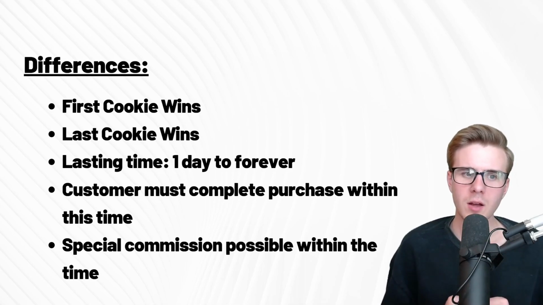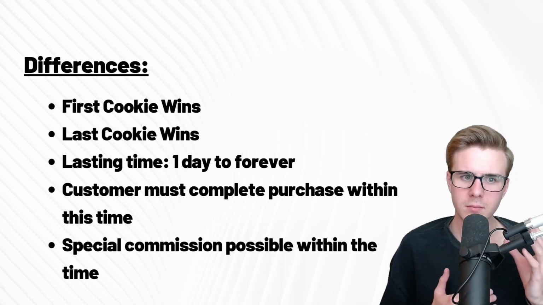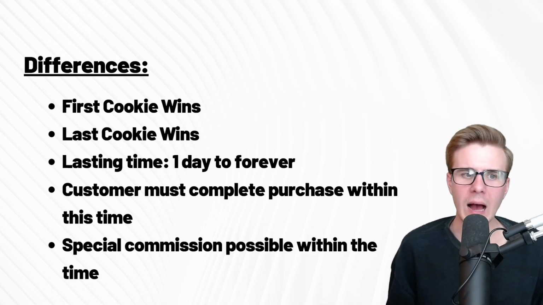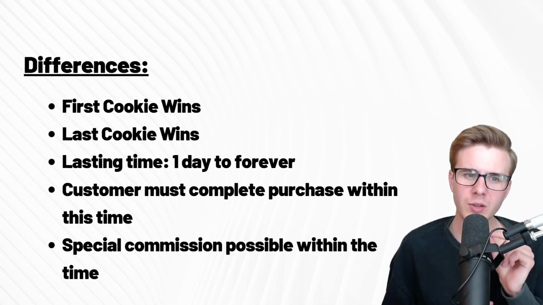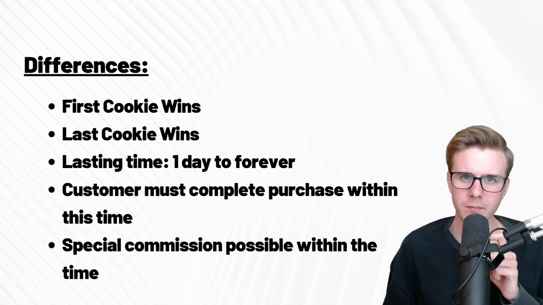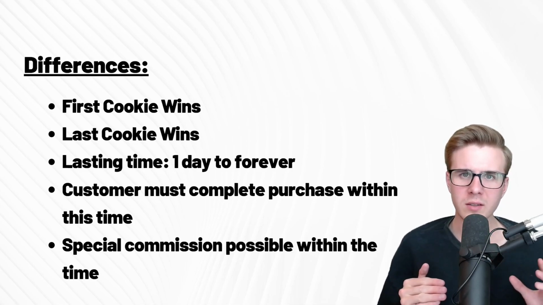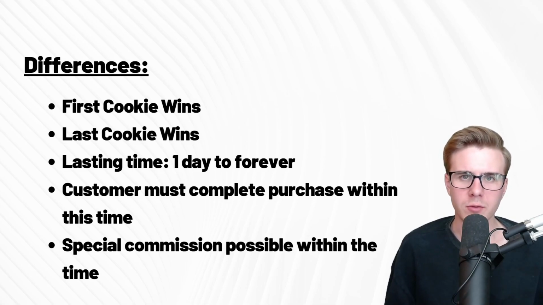So maybe I click on your link and see a product and I don't buy it. But on the same day, I buy 5 other things, maybe 5 books. Then you still get a mini piece of these purchases as a commission, even if you have nothing to do with these other sales. That is the advantage of the Amazon affiliate program. Not a lot of programs have that, but some do, and that is very nice.